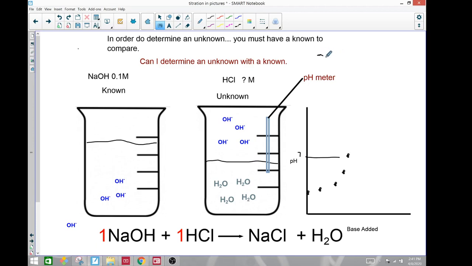And let's just say you have a big lake, maybe Blackfire Lake. Are you going to be able to test the whole lake? No, you can't test the whole lake. So what you do is you go out into the lake and take a sample, and you bring it in a container back to the lab. So that sample is representative of the lake, or at least the area of the lake where you were.